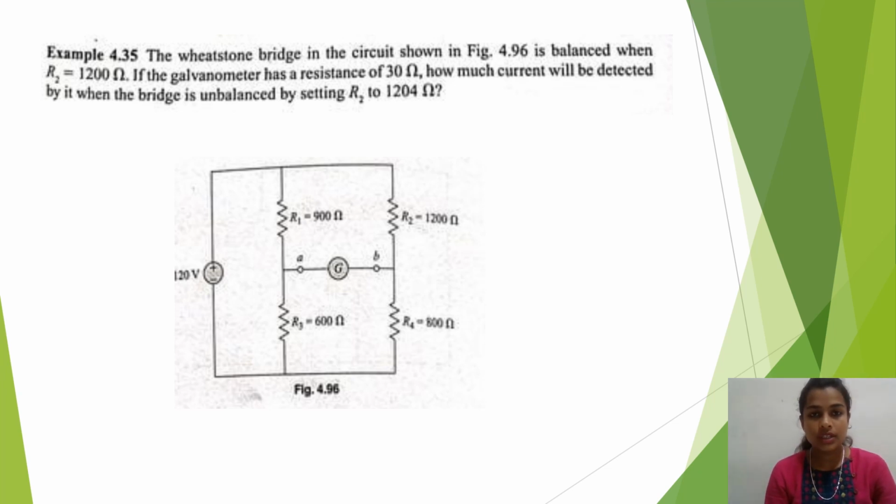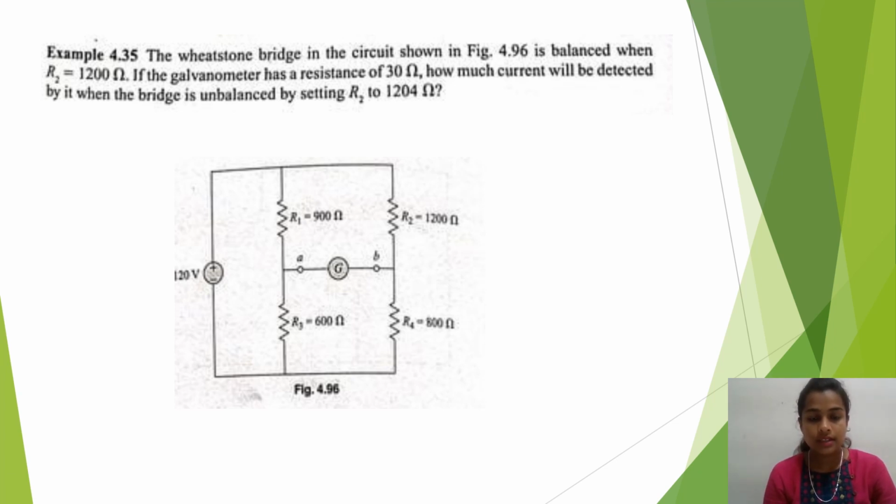The Wheatstone bridge in the circuit shown is balanced when R2 is 1200 ohm. If the galvanometer has a resistance of 30 ohm, how much current will be detected by it when the bridge is unbalanced by setting R2 to 1204 ohm? The circuit is given below.